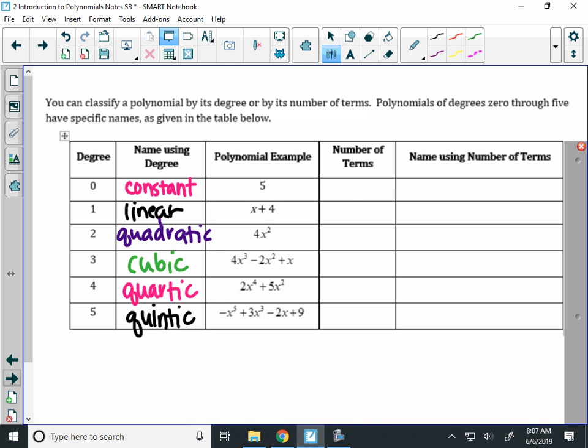So the number 5 by itself has 1 term, so that is called a monomial. Remember, 1 term, mono. This linear expression has 1, 2 terms. They're separated by a plus and minus sign, x and 4. So there's 2 terms. It's called a binomial.